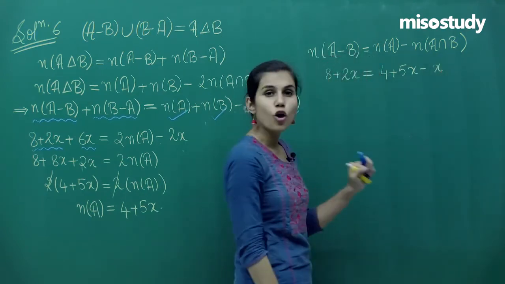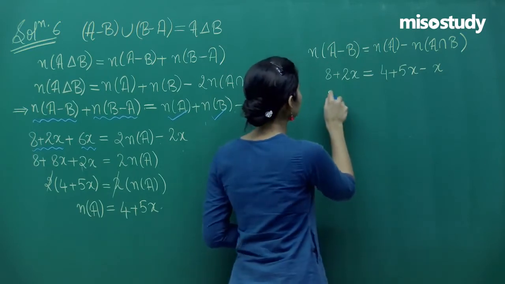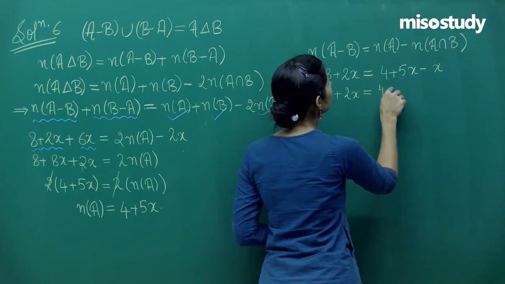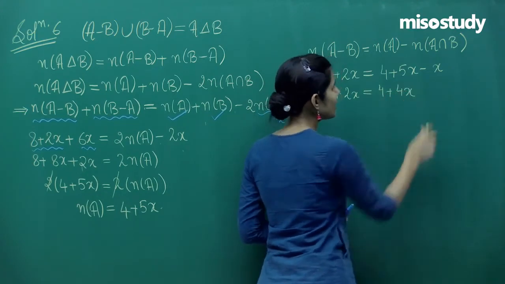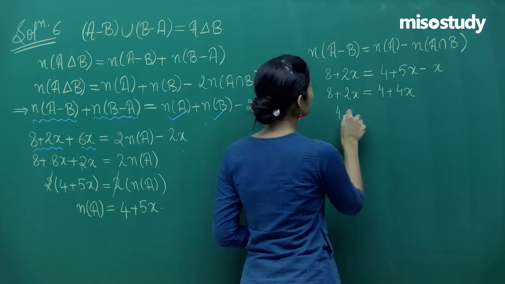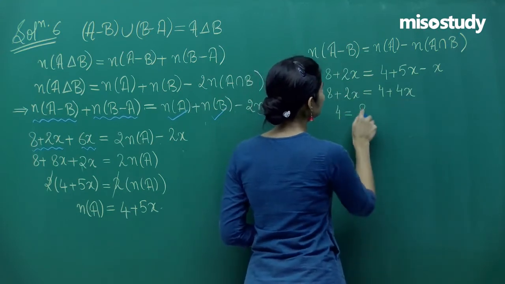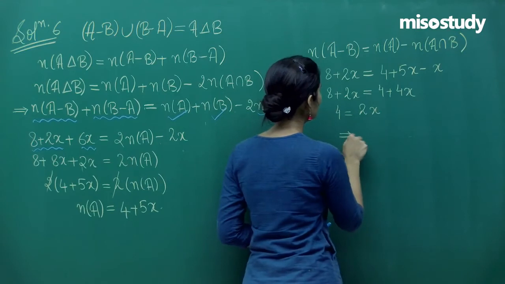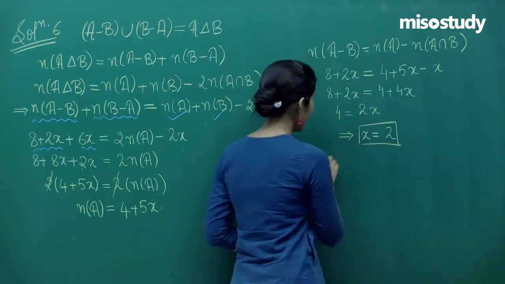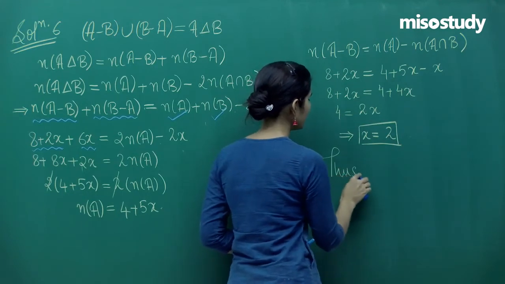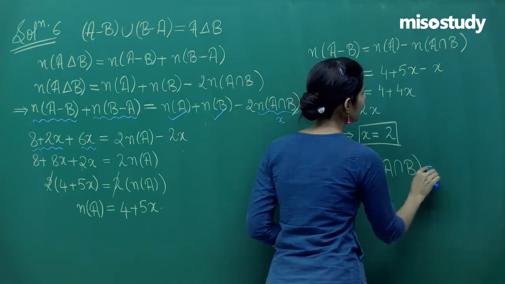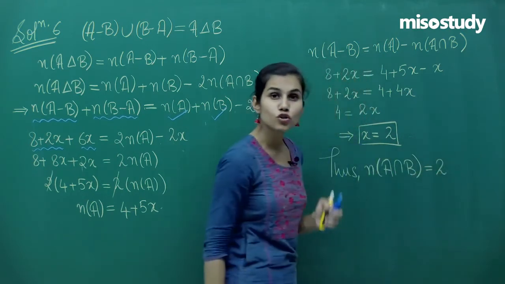Now just solve this algebraic expression. This is 8 plus 2x equals 4 plus 4x, since 5x minus x is 4x. Now 8 minus 4 is 4 and 4x minus 2x is 2x, which implies x is 2. And thus, the number of members in A intersection B is 2.